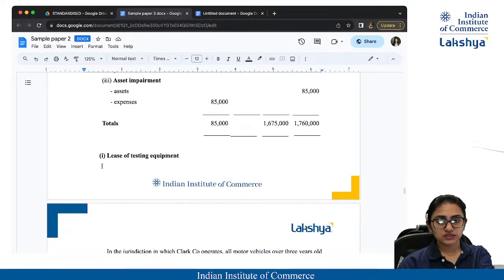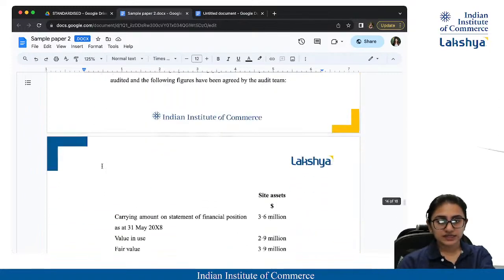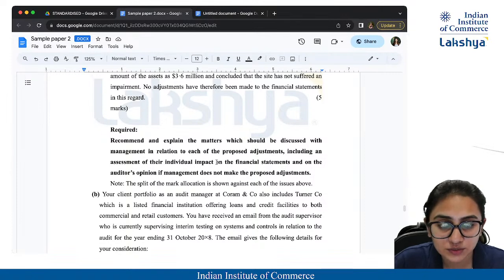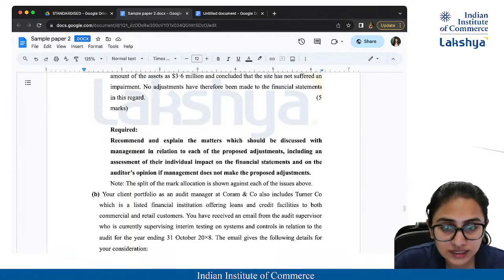This is the first lease of testing equipment, and on this you have to recommend and explain the matter which will be discussed with the management in relation to the proposed adjustment, including an assessment of the impact of that on the financial statements.